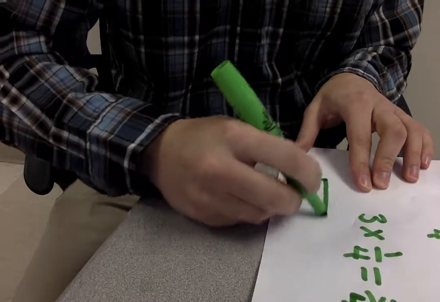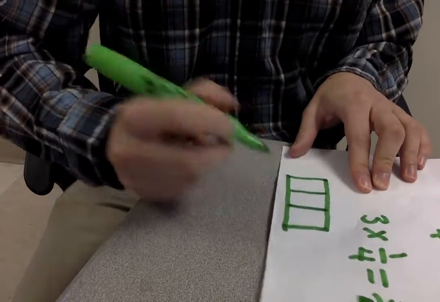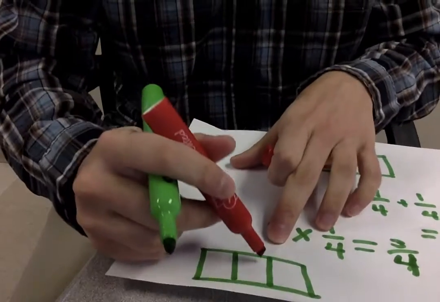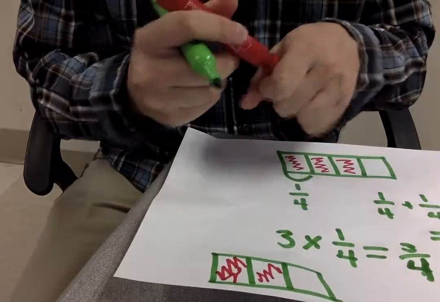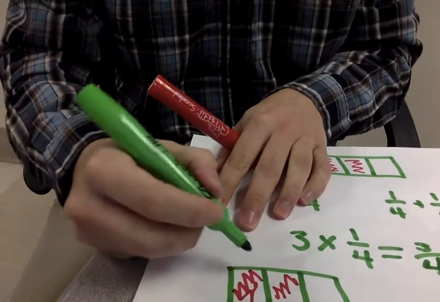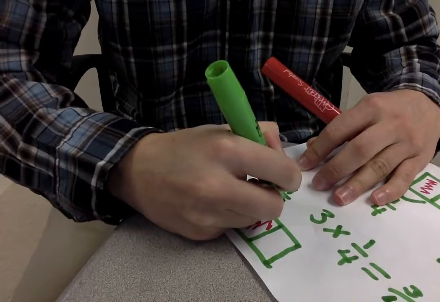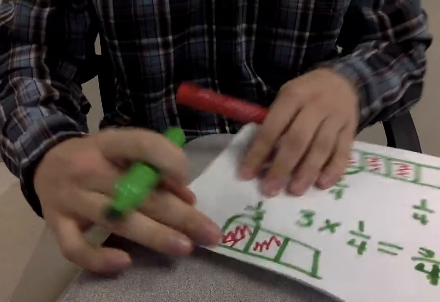So for example, if I was going to do it again, I would draw a tape diagram for 2/3. I would have to partition my tape diagram into thirds, shade in 2, and I know that 1/3 is represented in each of these squares or sections.